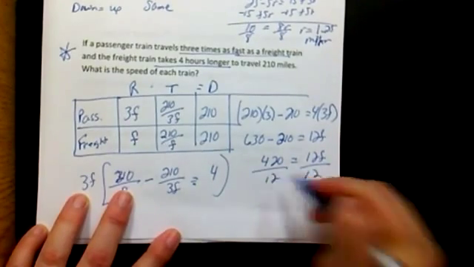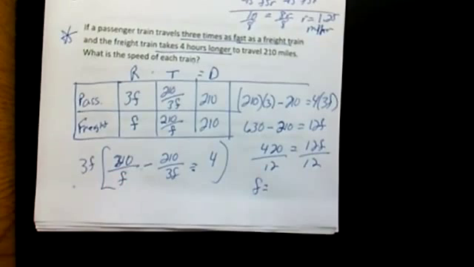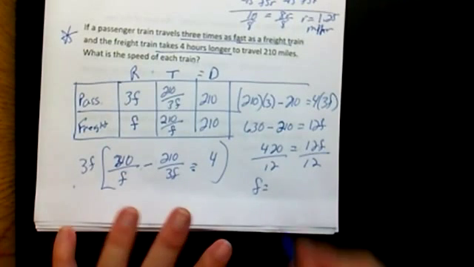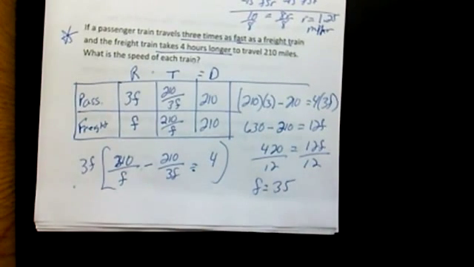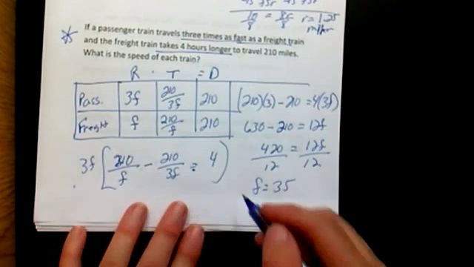Divide by 12. And I would find f to be 35. So the freight train is going at 35 miles per hour. How fast is the passenger train?